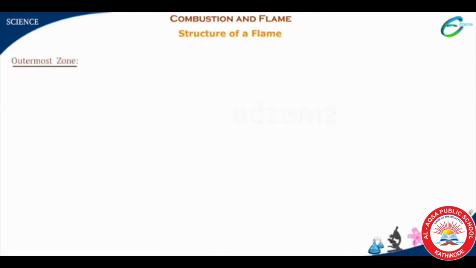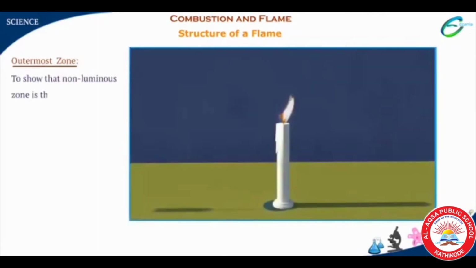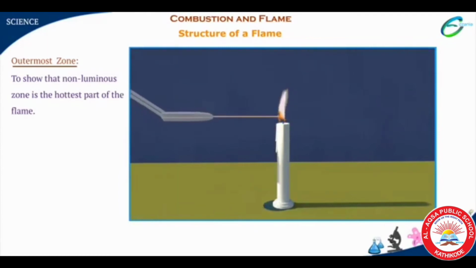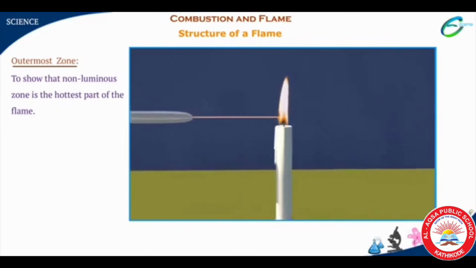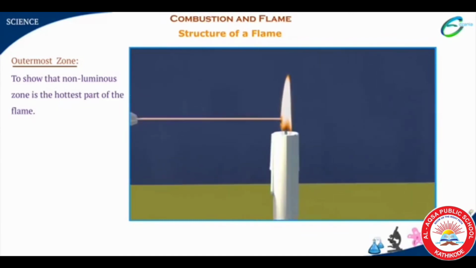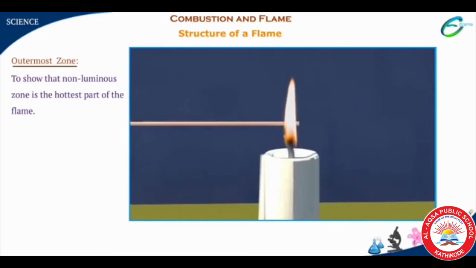Then the next one, outermost zone. Next, we have to show that the non-luminous zone is the hottest part of the flame. That is, the outermost zone is the hottest part. For that we need a candle, and we have to hold a thin long copper wire at the outside of the flame.